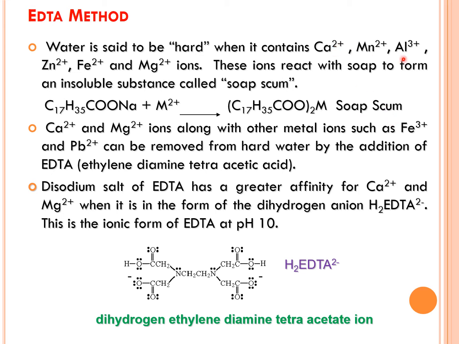When all these ions are consumed, then only the soap will form lather with the water solution and perform cleaning. So keeping this in mind, this EDTA method is used because we have to avoid forming this soap scum. Calcium and magnesium plus 2 ions along with other metal ions such as Fe3+ and Pb2+ can be removed from hard water by the addition of EDTA.